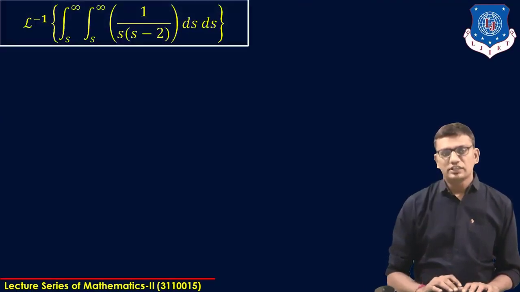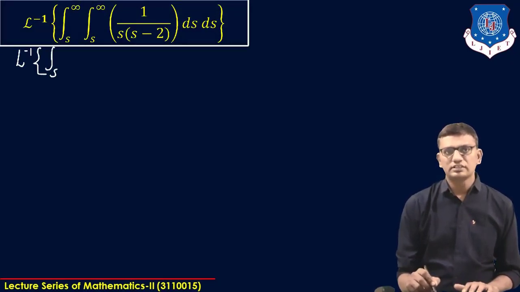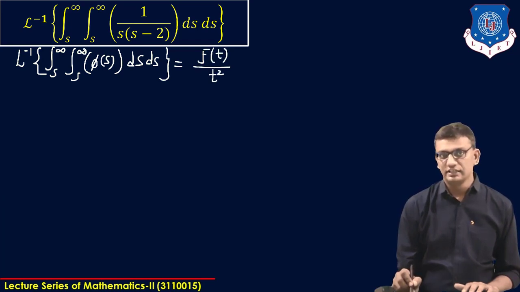Now we will calculate this using the property. Here, inverse Laplace of the second-time integration from s to infinity phi of s ds is equal to, since we have 2 times integration, ft divided by t square on the right hand side.